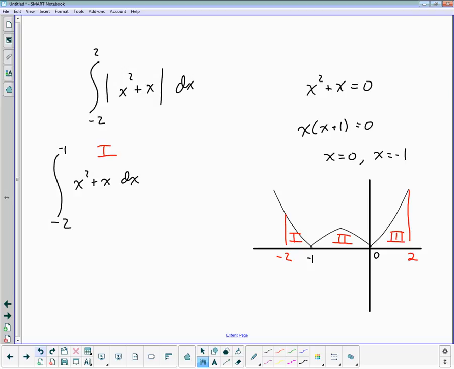Now, to get the integral of the middle region, we have to deal with the fact that our function is now upside down. So what are we going to do? Whatever area this region is, it's a finite amount of space.